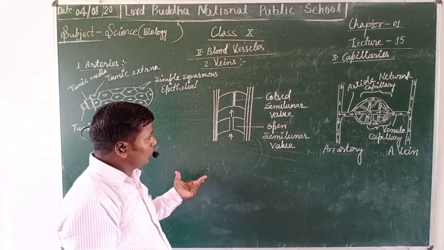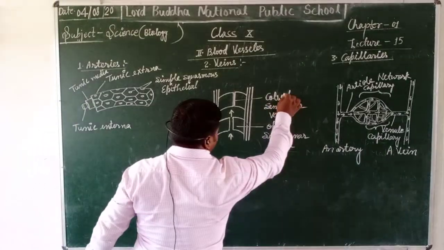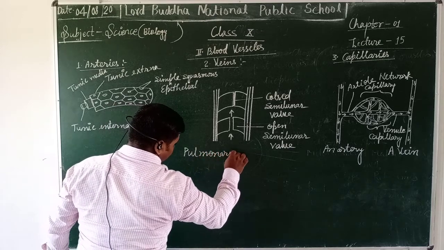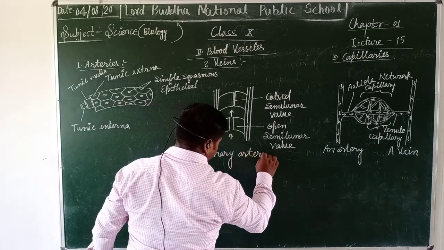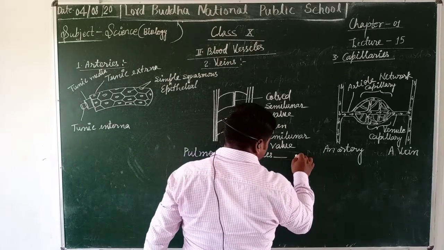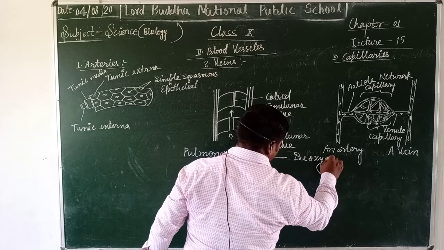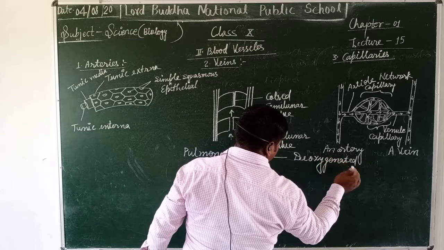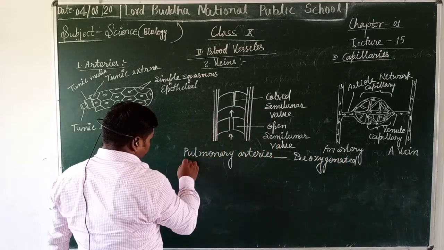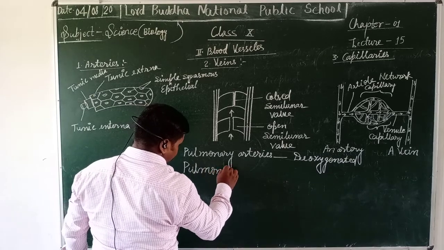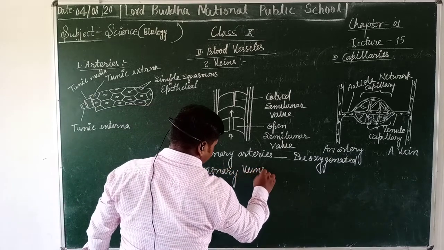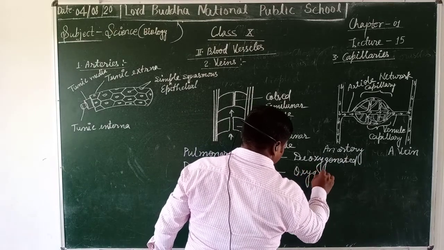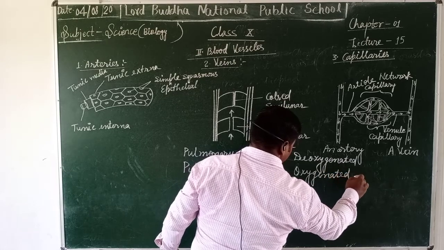Thus students, I hope you understood that the pulmonary artery always carries deoxygenated blood. Deoxygenated blood means the blood that contains a very low amount of oxygen, whereas the pulmonary vein always carries oxygenated blood.